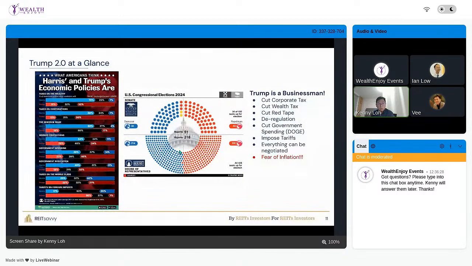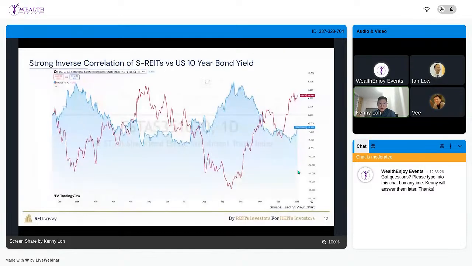I'm not going to touch on what Trump does. In summary, after Trump won the election and controlled the Senate and also the House, and started issuing all sorts of instructions and orders, the market feared the return of inflation, right? That caused the spike in the 10-year risk-free rate.